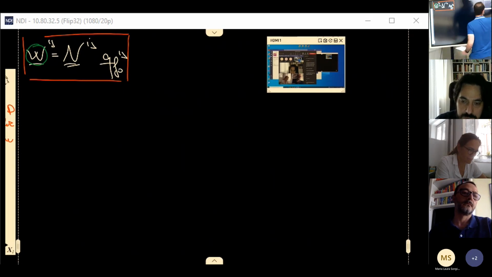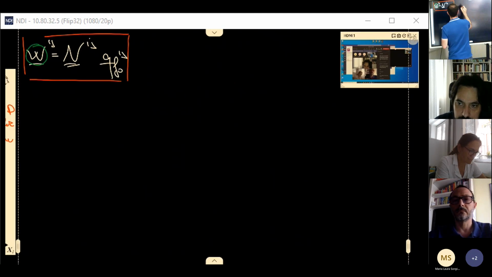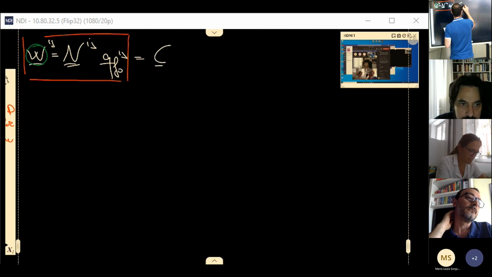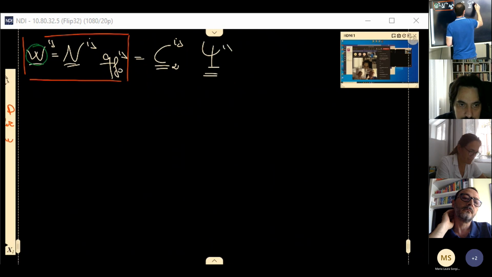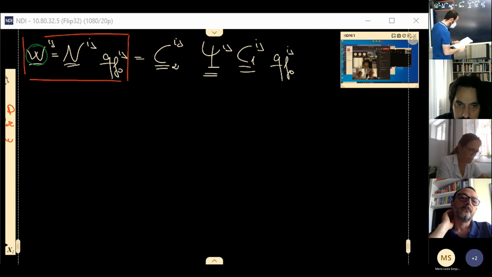And from here, we can continue writing the following. As we have said already, this is C1ij, Qfij, where these again are the shape functions.